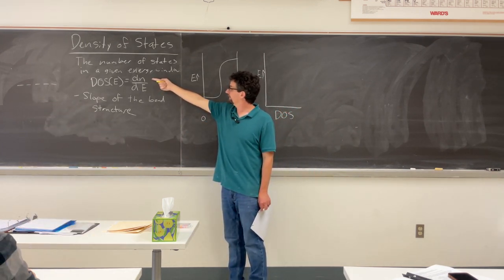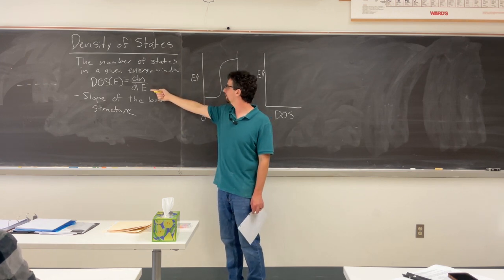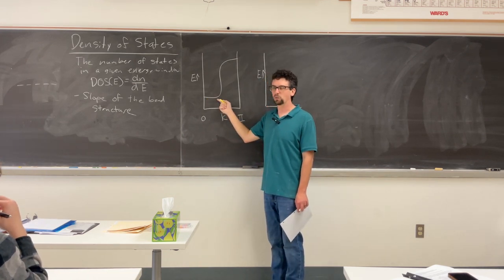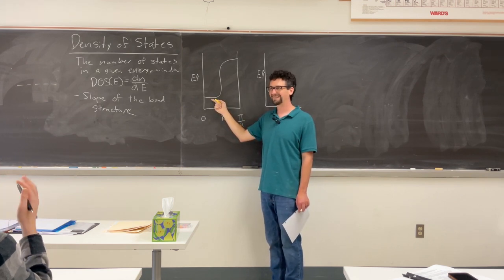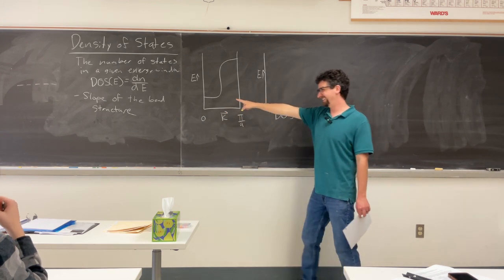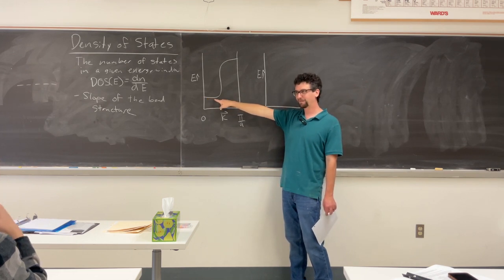Well, let's look. So dN, dE, number of states. What's the slope approximately here? 0. So what does that mean the differential is approximately here? Not 0. Not 1. So this is approaching 0. It's not 0.